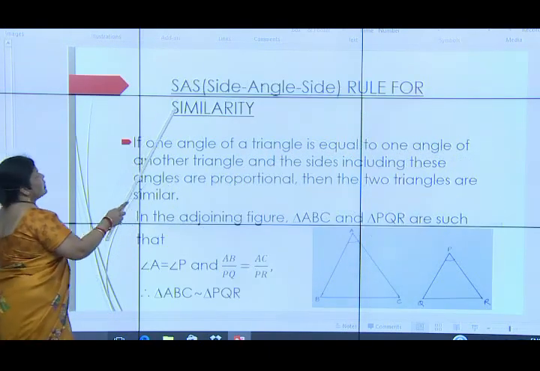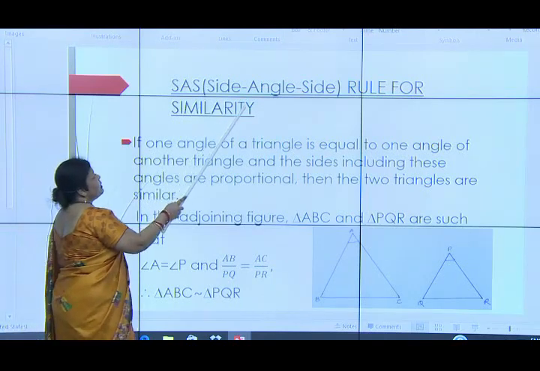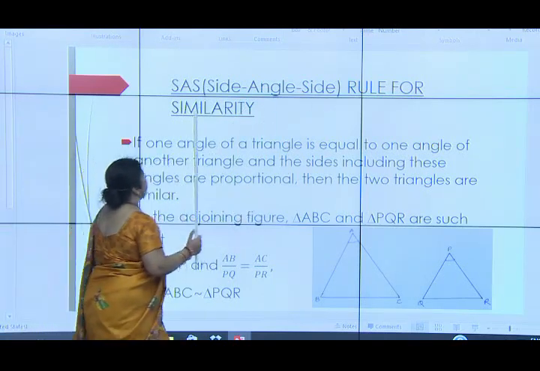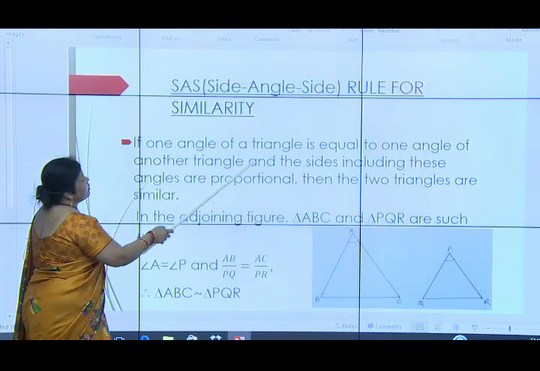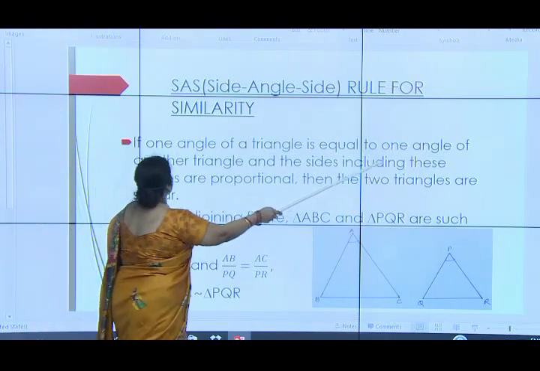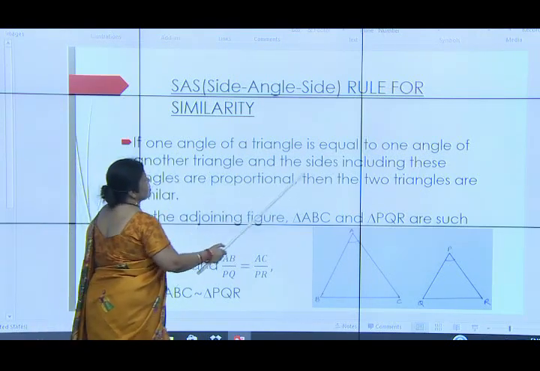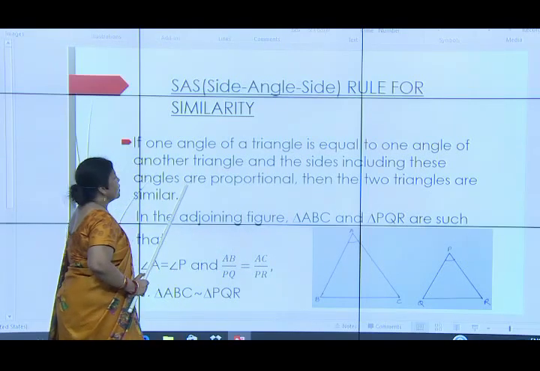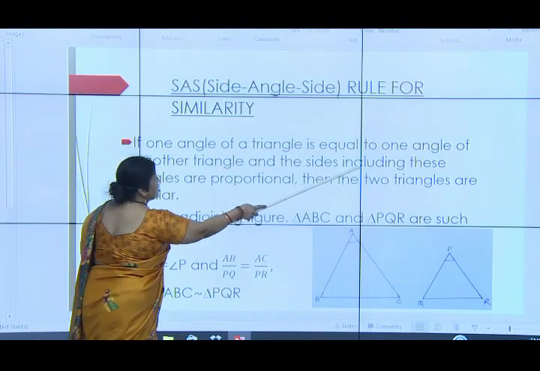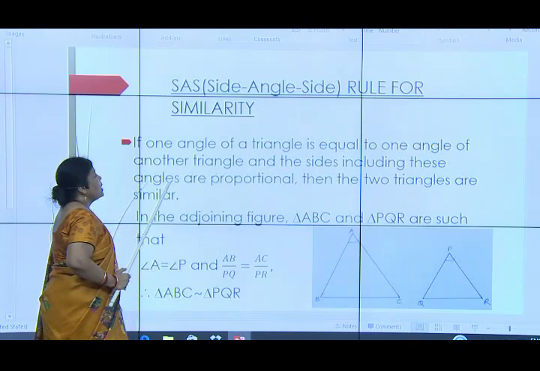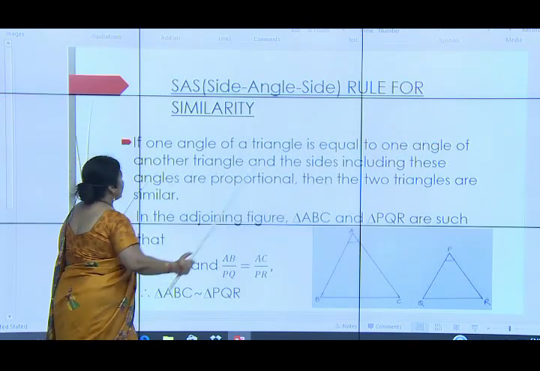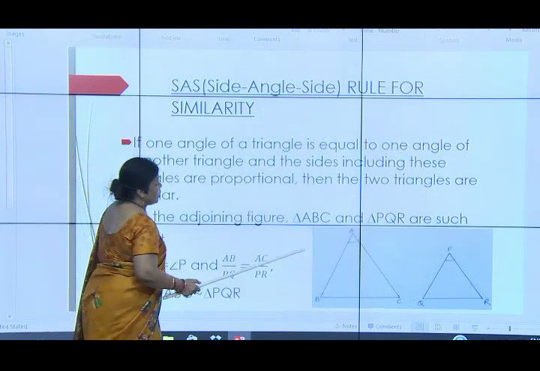The second rule is SAS, the side angle side rule for similarity. If one angle of a triangle is equal to one angle of another triangle and the sides including these angles, children, are proportional, then the two triangles are similar. This is important here.